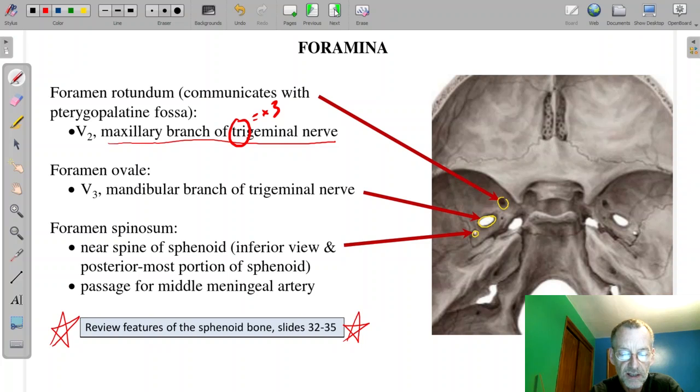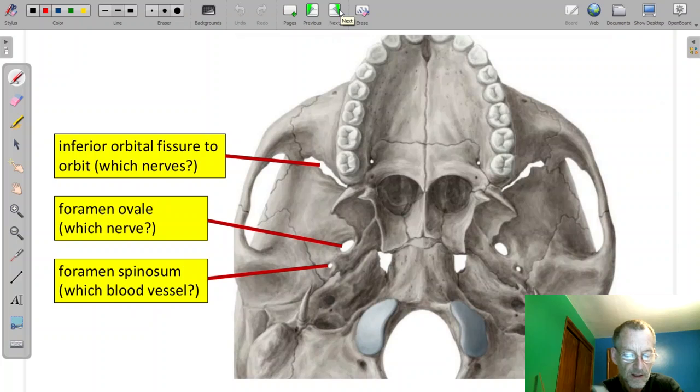Next slide. Just showing different passageways again. The inferior orbital fissure and the Foramen Ovale, Foramen Spinosum. While I have this figure here, let me, I might be thinking of another figure.